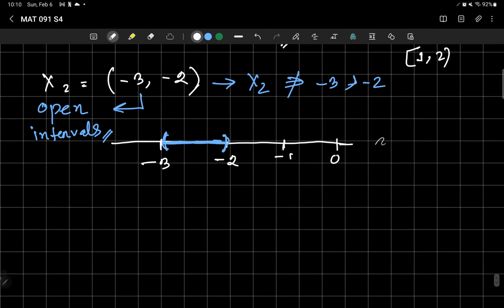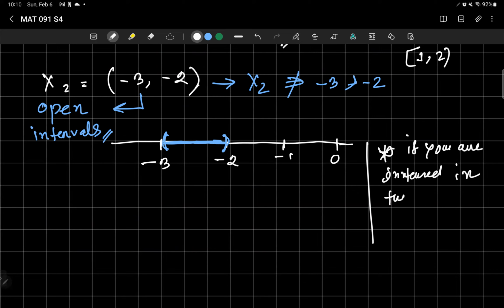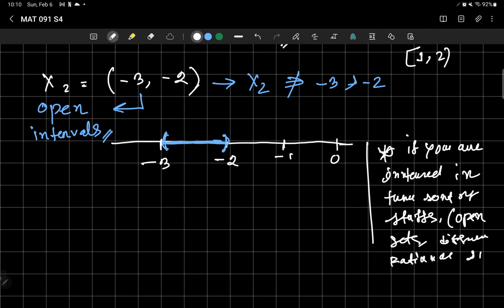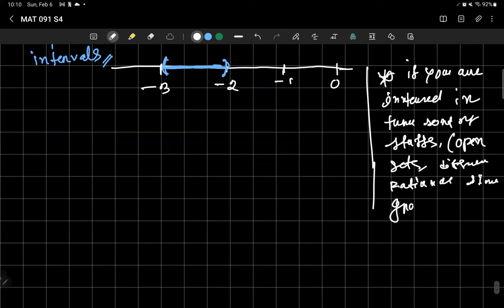So let me just put a side note like this. If you're interested in this sort of stuff, like open sets, difference between rational and irrational, grab any.